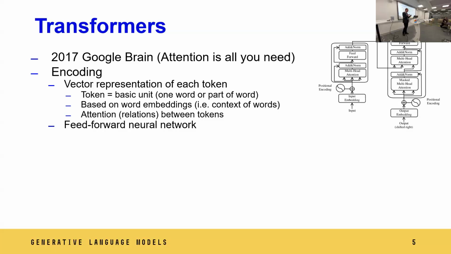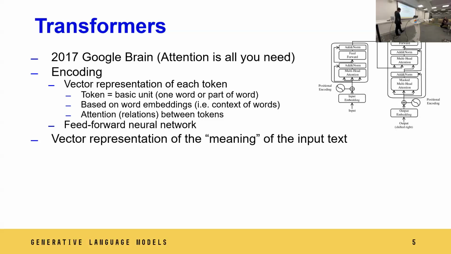In Czech, you usually need more tokens for one word, which makes the computation more demanding. The vector representation is based on so-called word embedding, the context of the words, and then it computes attention, which is the relation between the tokens. I will talk about it in the next slide.